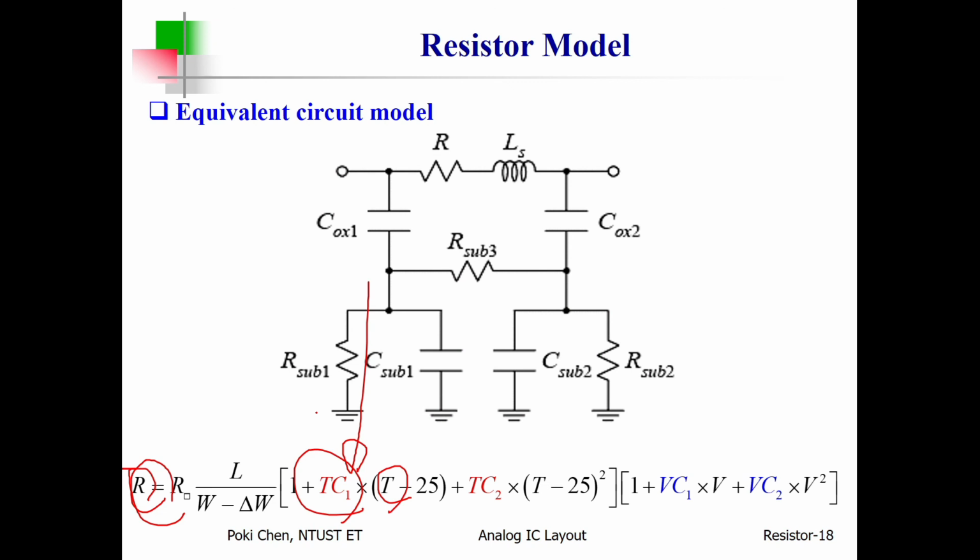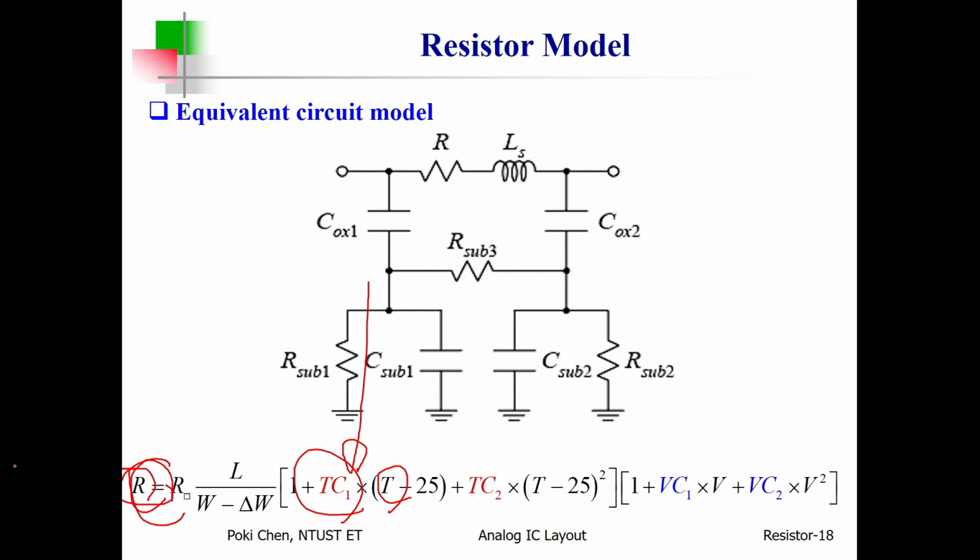So after power on, the operation temperature for your chip will be increased by default. And after such a temperature increase, you need to face some variation for your resistance. It is really hard to keep your resistance constant.